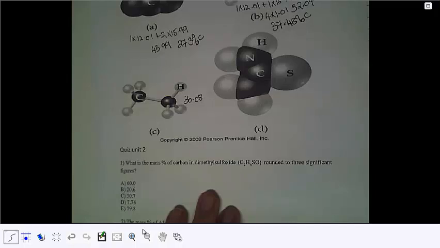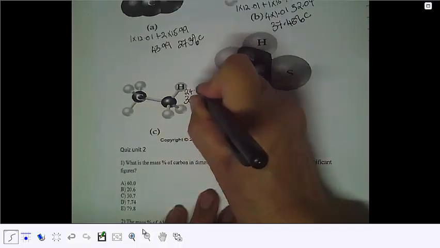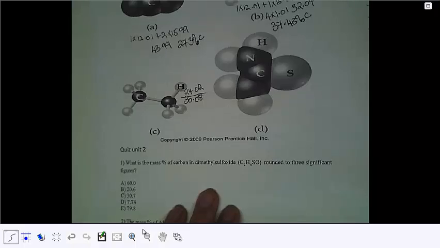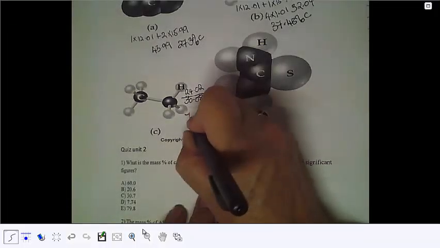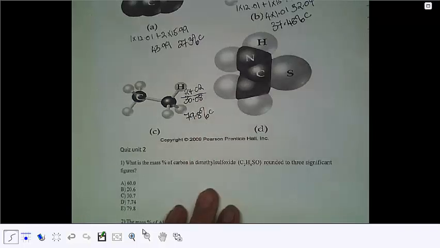There are 2 carbon atoms, which is 24.02. Dividing these and multiplying by 100, you should get a value of 79.8% carbon by mass in ethane.